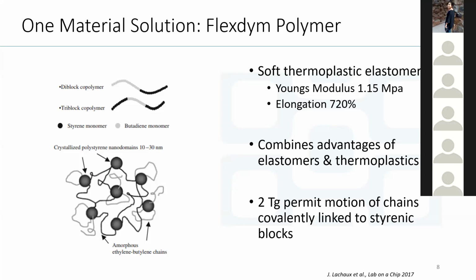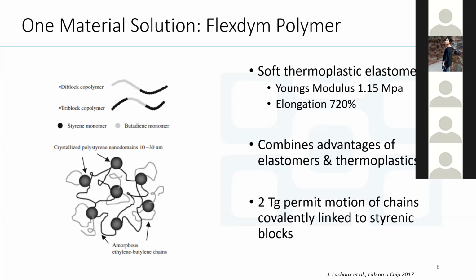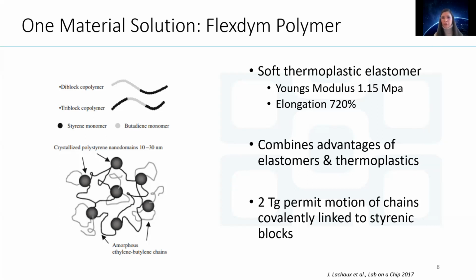And then it will also have a second glass transition temperature at around 100 degrees Celsius due to the styrenic blocks, which will give it the moldable aspects that you see with other thermoplastics like COC. And those styrenic blocks are going to act as anchors to the ethylene butylene polymeric chains that are in motion.